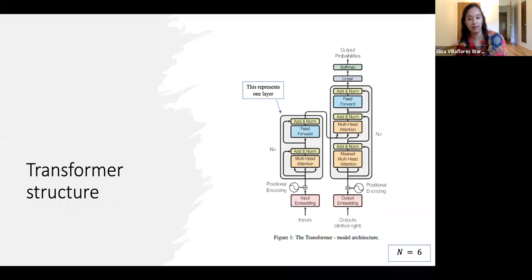Okay, so this is a figure that they show in the paper, and we'll go through it one by one. So first, let's take a look at this transformer. The transformer is based on an encoder-decoder structure, which means that we take our input and we convert it into some kind of vectorized form.